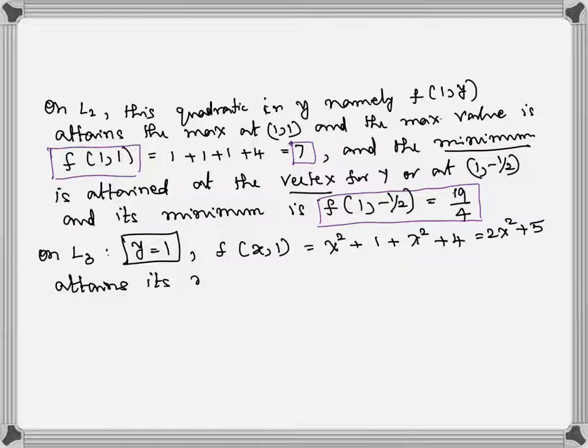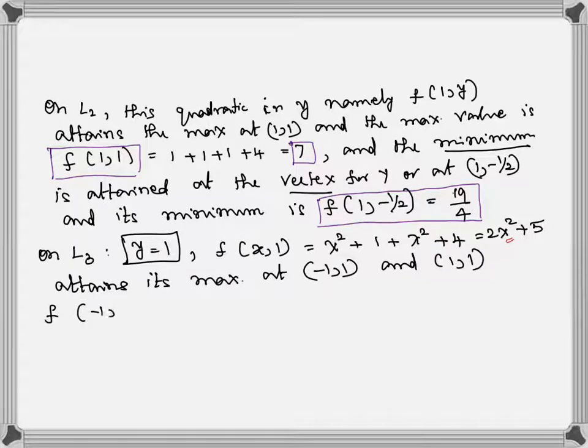It attains its max at (-1, 1) and at (1, 1), because it's second degree. So at x equals -1 and +1 on that line L3, when y equals 1, both will yield the maximum value.